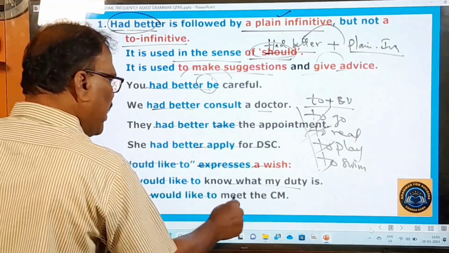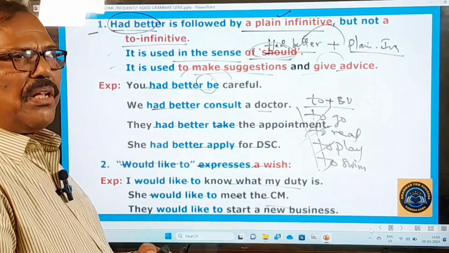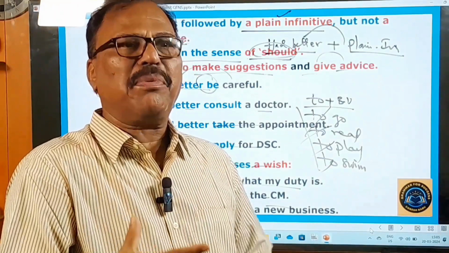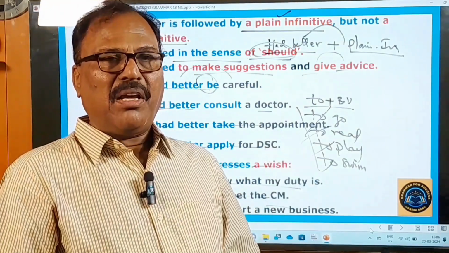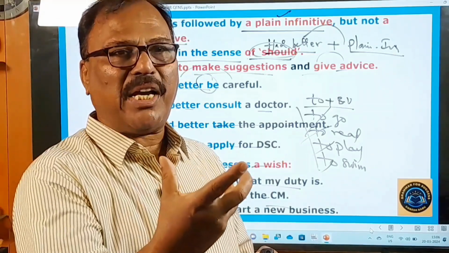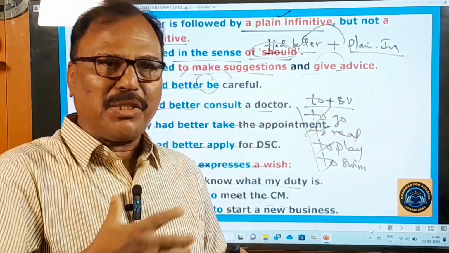She would like to meet the CM, and they would like to start a new business. So in our everyday life, we must use this would like to very frequently. You must make it a habit of saying that frequently. I would like to go to Hyderabad. I would like to talk to her. I would like to take the examination. I would like to prepare for the test.